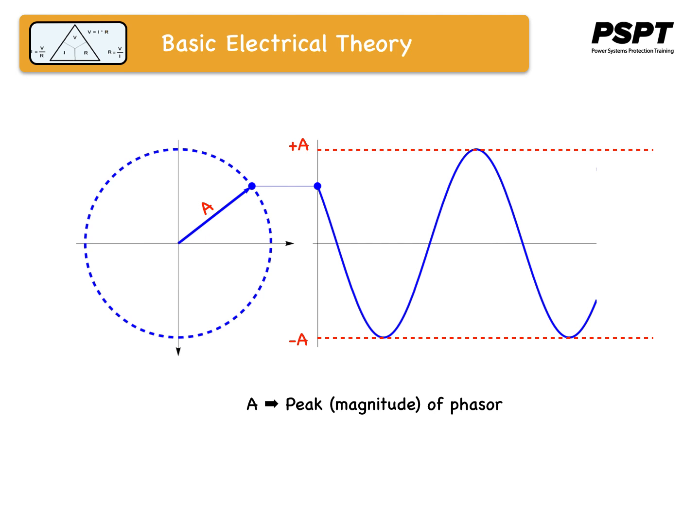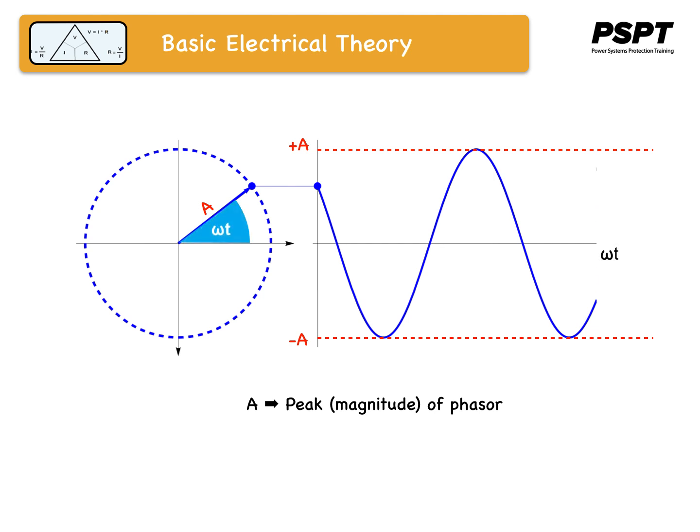In the time domain, where you see the graph of the AC quantity with respect to time, it goes from a positive A to a negative A, back through 0 to a positive A, back through 0 to a negative A. If we stop the rotation, as we have done here, the phasor forms an angle with the horizontal.